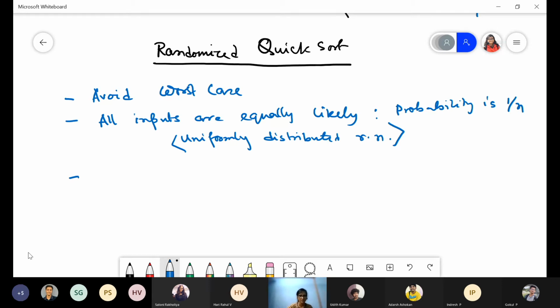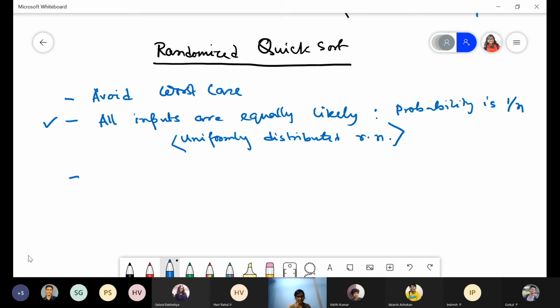What else is there? Now, if we take all inputs are equally likely and we choose the pivot also as a random number, what will happen is we imply that all possible partitioning we are considering.